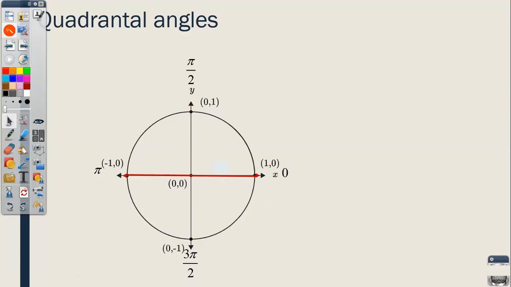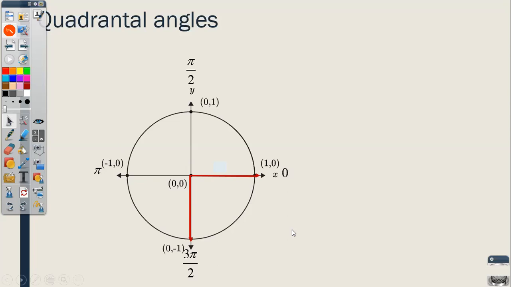Next angle is 180 or pi. So its terminal side is again on x-axis. Next one is 3 pi over 2 or 270. Again, the terminal side of this angle is on y-axis.